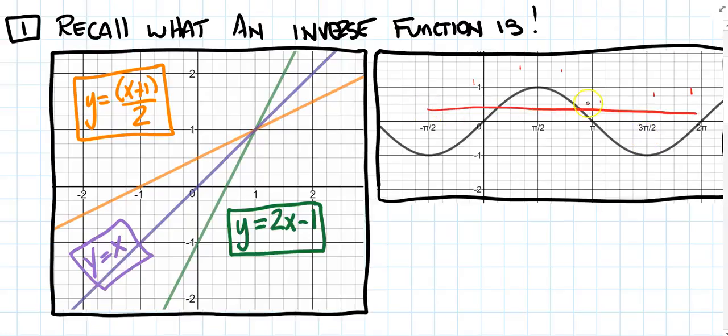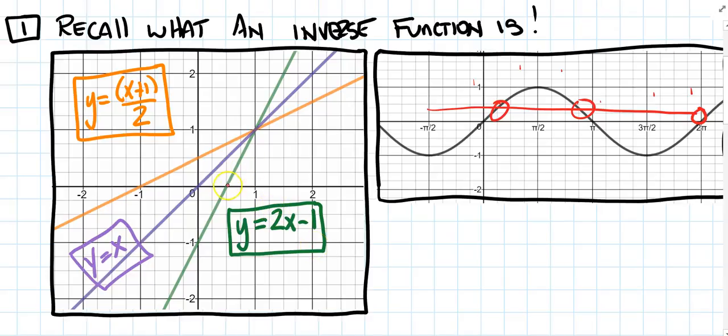When I draw a horizontal line, I clearly see that there are a couple of places in which the sine function does not pass. So what are we supposed to do? We have to do something in order to even begin to talk about the inverse function, and that is what's in the next box. But I just wanted to recall your memory about how inverse functions work to begin with.